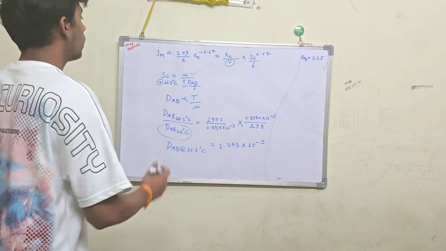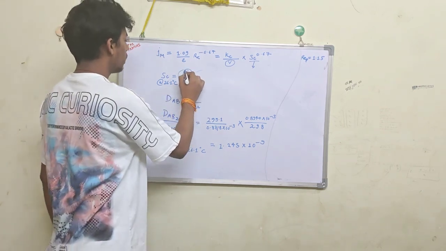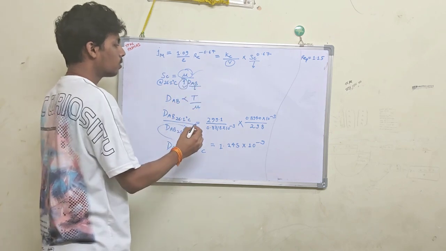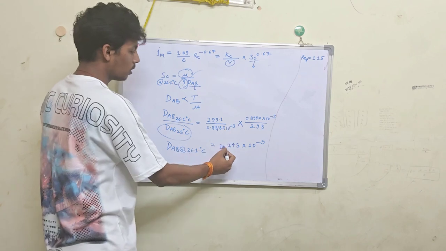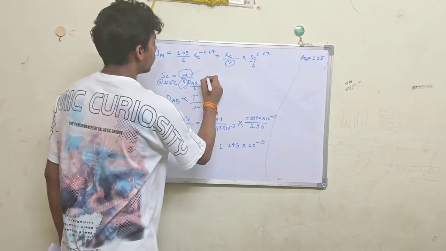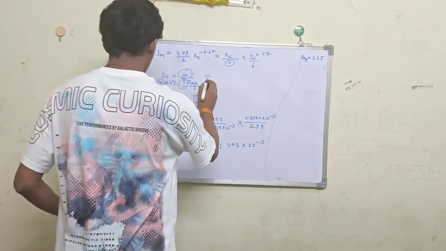So now everything is known. The viscosity at 26.1 degrees Celsius is known. This density is known, and DAB we have just calculated. So we'll put all these values into this formula. Then we'll get this Schmidt number value.